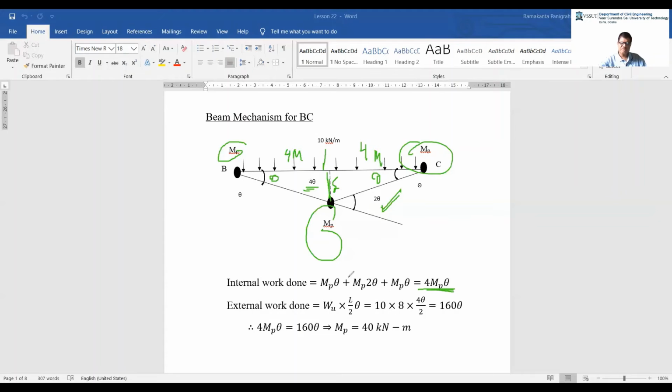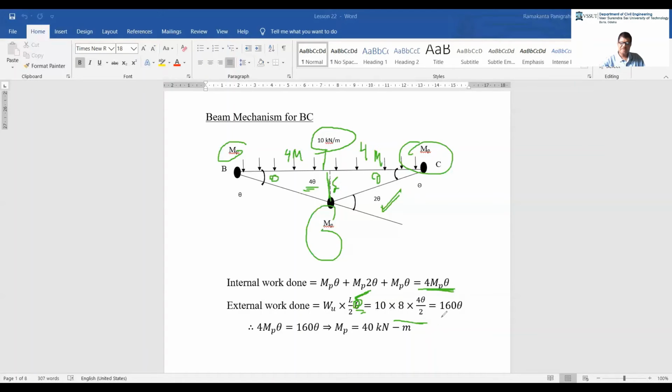So for the external work done, W is the total load, so we can put the value 10 kilonewton per meter into half into L, the area under the diagram, into delta. Delta is equal to 4 theta, this is basically delta, not theta.